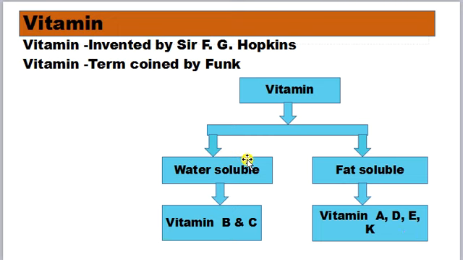Water soluble vitamins dissolve in water and are not stored in our body. They include vitamin B1 thiamine, B2 riboflavin, B3 niacin, B5, B6, B12 and folic acid, and vitamin C.